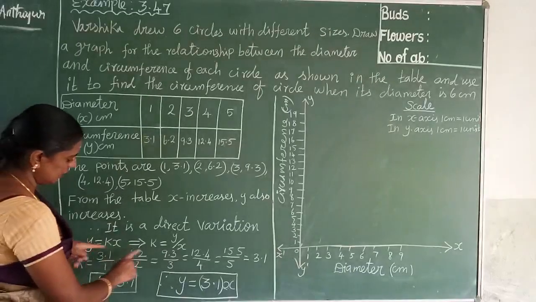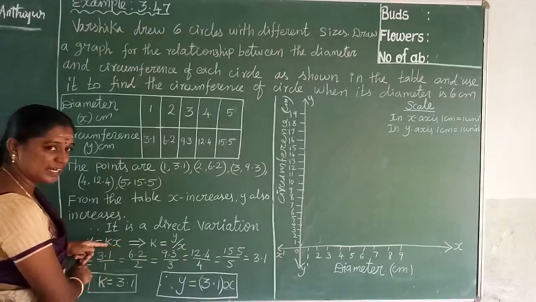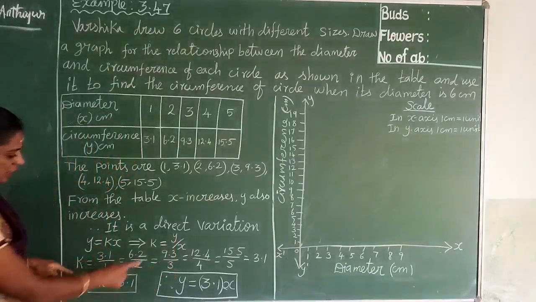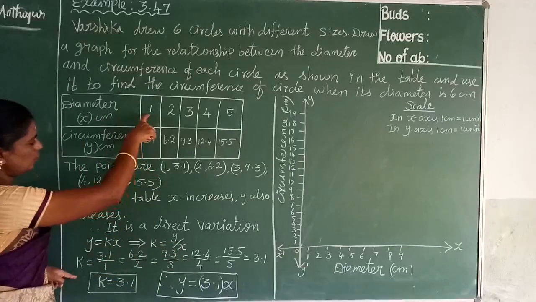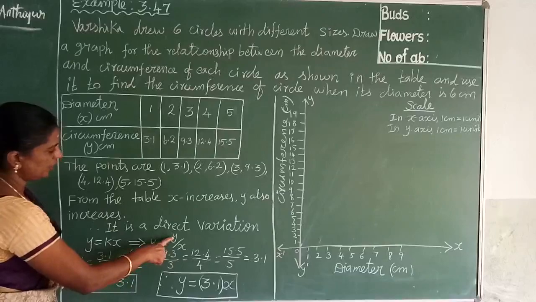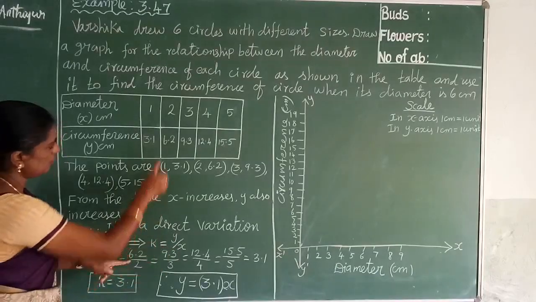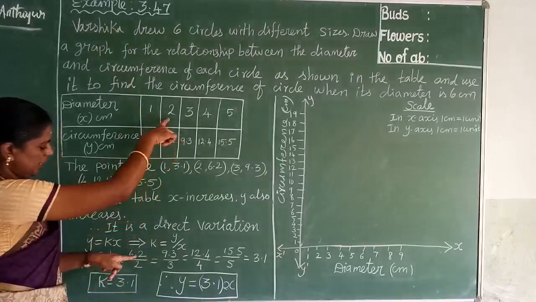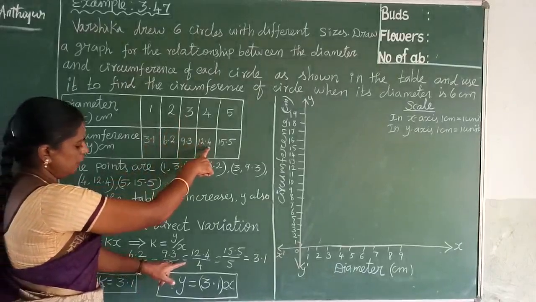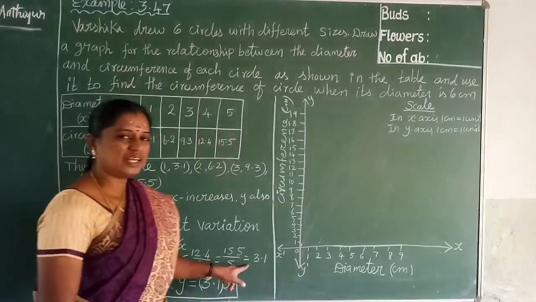So what is the k answer? Write k as it is: the multiplication moves over to divide, so k is equal to y by x. See the table: when x is 1, y is 3.1. So substitute: k is equal to 3.1 by 1, equal to 6.2 by 2, equal to 9.3 by 3, equal to 12.4 by 4, equal to 15.5 by 5, and so on.